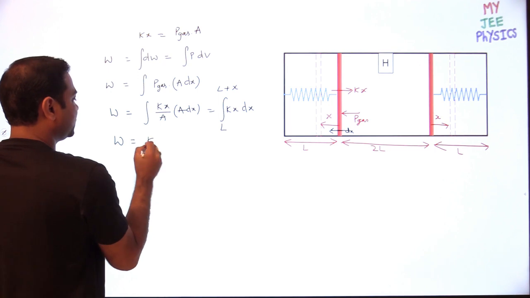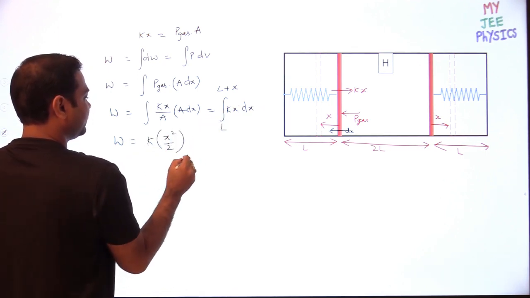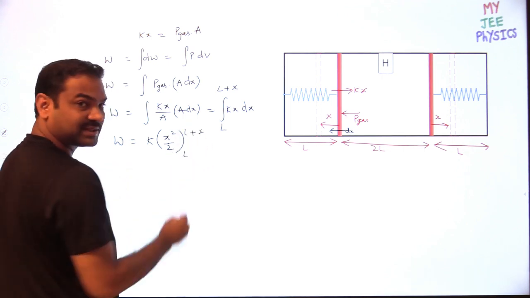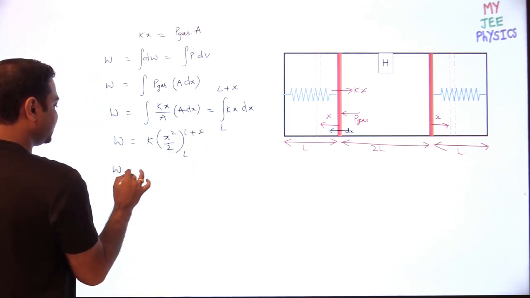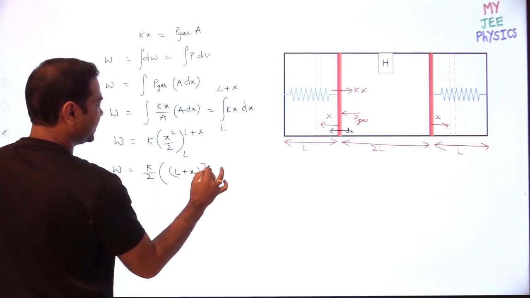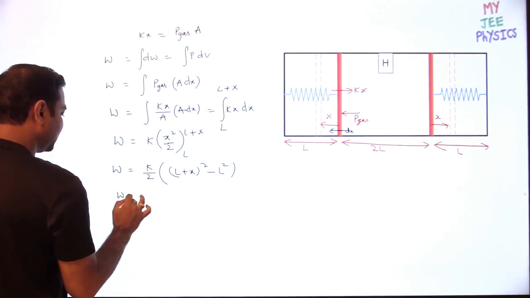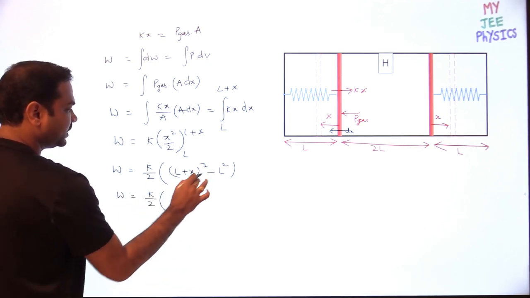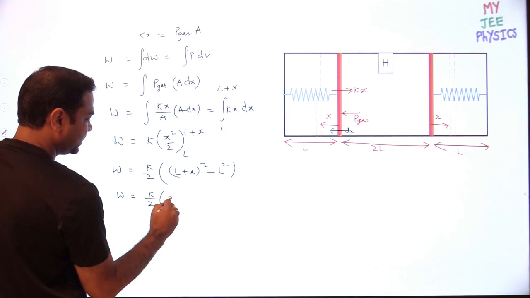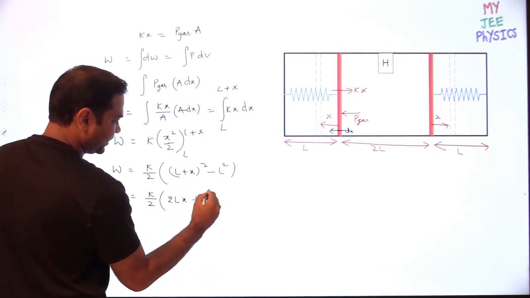So then K will come out, then x dx integration is x square by 2 from L to L plus X. Okay? So then work done is equal to K by 2 into (L plus X) whole square minus L square, upper limit minus lower limit. Then work done is K by 2 into, L square goes off, so 2Lx plus X square.